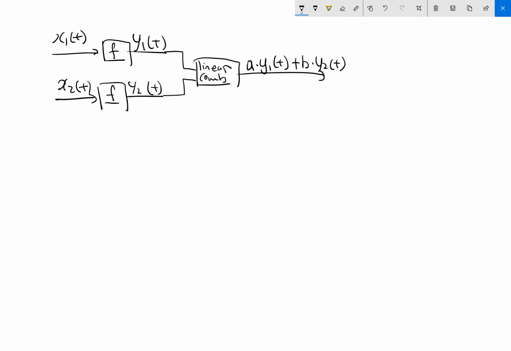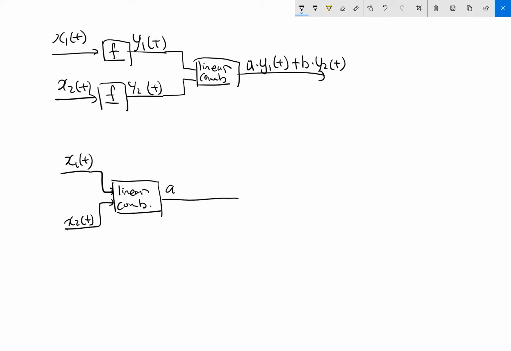But we can do another way: first do the linear combination and then go through the system. This will give us a x1(t) plus b x2(t), and then go through the system.